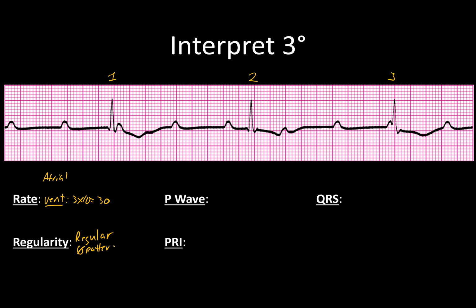It is indeed very regular. I don't have any ectopy. I do have more P's than QRS's, so that's a good clue. If we measure out the ventricular rate from beat number 1 to beat number 2 all the way across here, that gives us about 44.5.